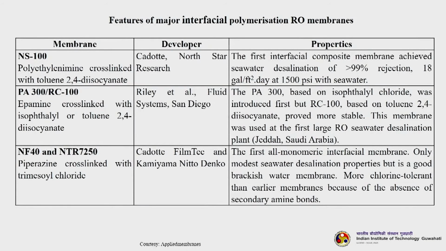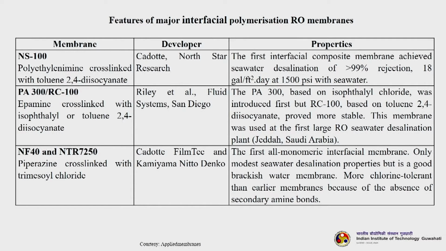So, now let us understand in a nutshell the features of major interfacial polymerization RO membranes which are commercially available. We will discuss 3 or 4 out of these. The first one you can see is NS100, which is the brand name or trade name. The membrane material is polyethylene imine cross linked with toluene 2,4 diisocyanate.